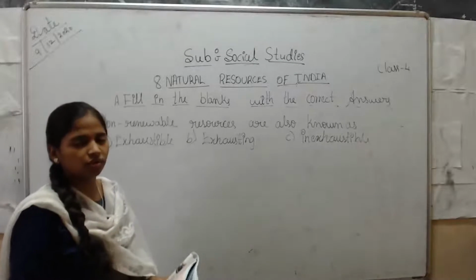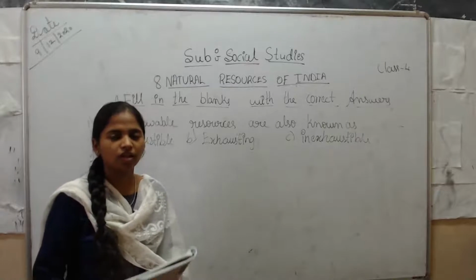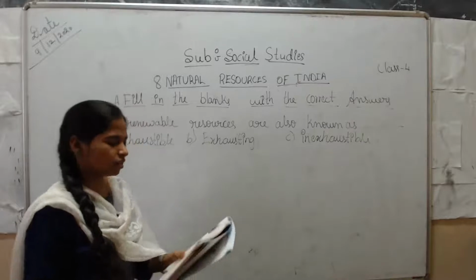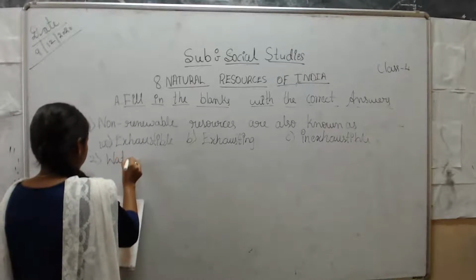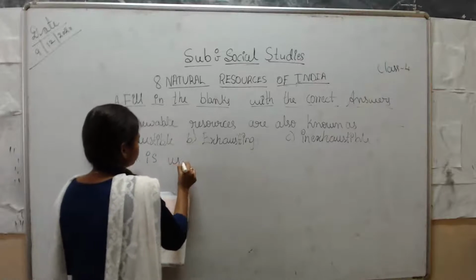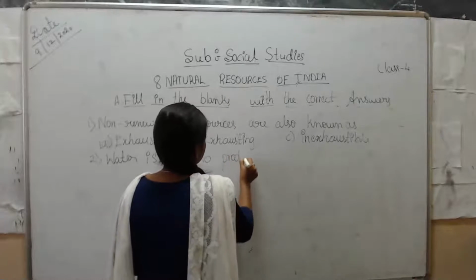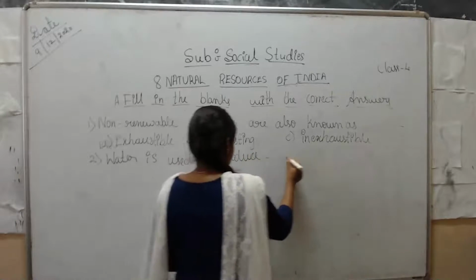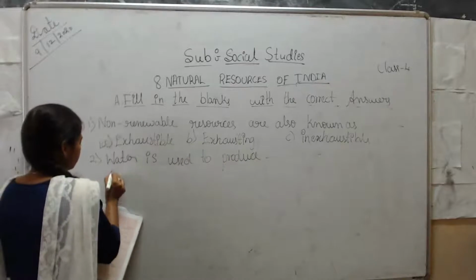As I told you, they may be completely used up if we do not use them in a correct way. So then the second question: water is used to produce dash. What kind of energy is produced from water, they are asking.